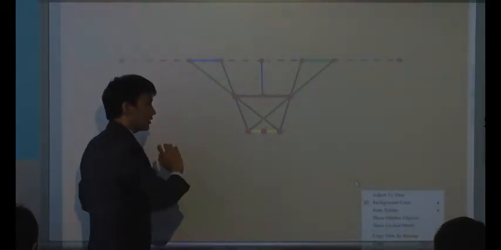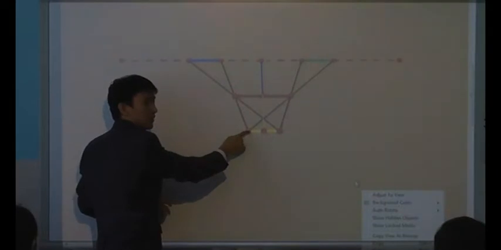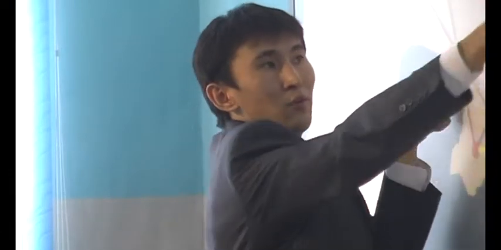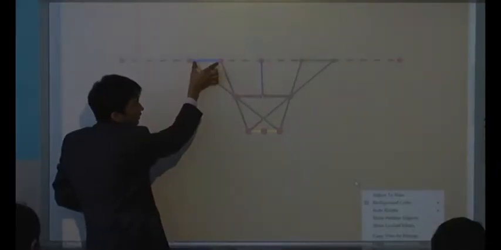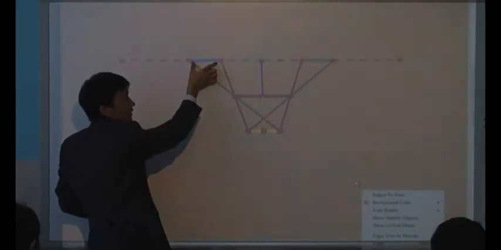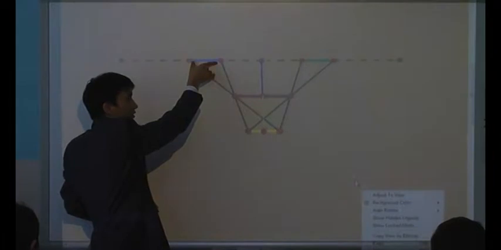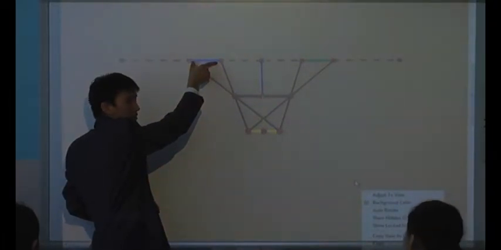And the same thing if we do that with the left eye, closing the right eye. We see this part, and from this point to here we don't see. And here is the difference. This is the part that our right eye doesn't see.